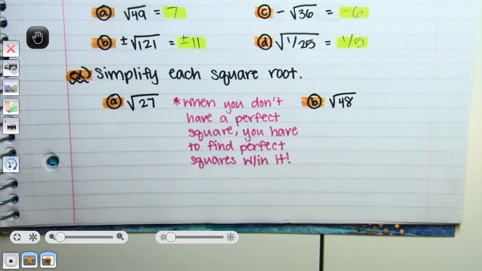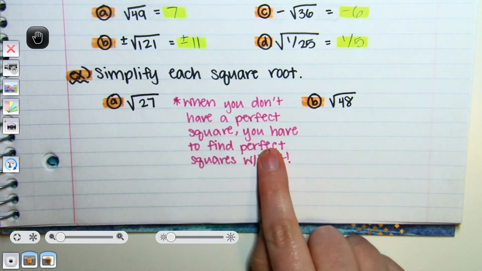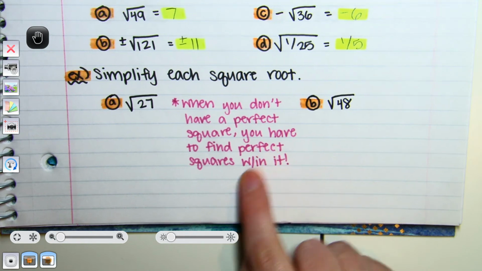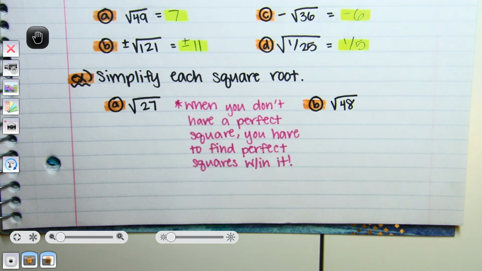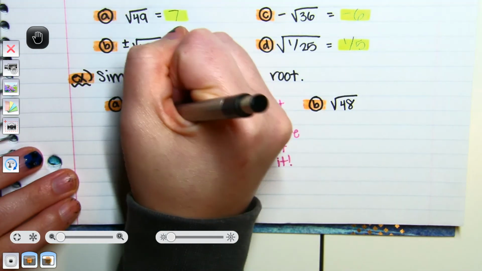This little abbreviation, the W slash means with, so this means within. So 27 is not a perfect square, so we need to find perfect squares within it.